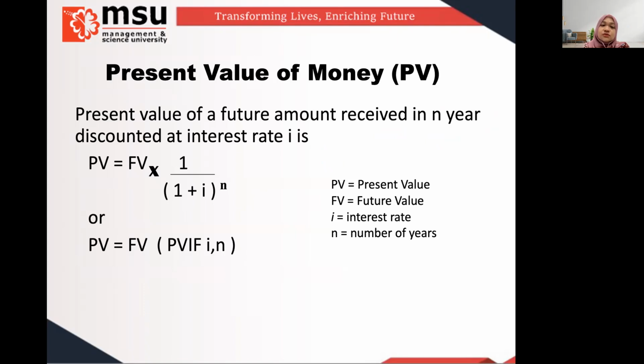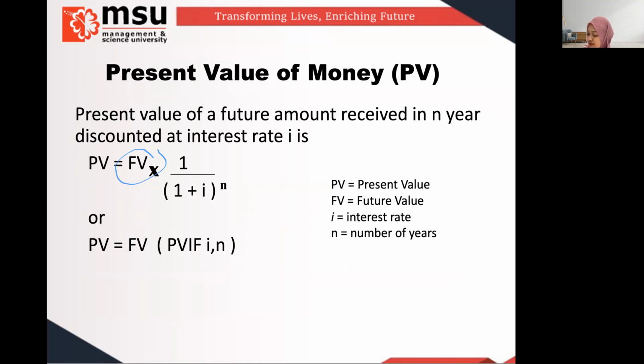So let us go to the first one, the present value of money. Present value of money is the value of money today. How to calculate present value? Present value is future value, we have to know how much the future value is, multiplied by 1 divided by (1 plus i) to the power of n.